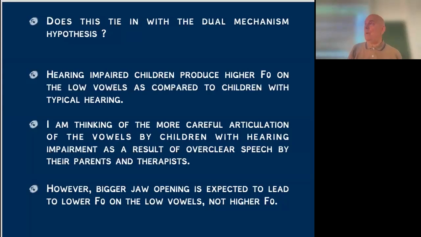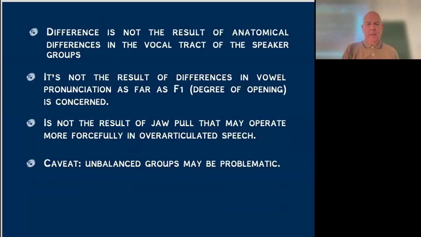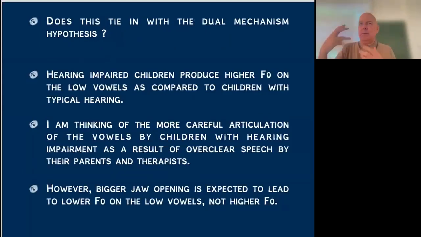But we find the opposite effect of what would happen. If you have exaggerated speech articulation, a bigger jaw opening, that would push more firmly on the larynx, and that would actually lower the fundamental frequency.